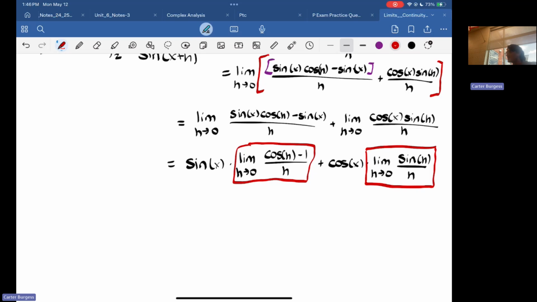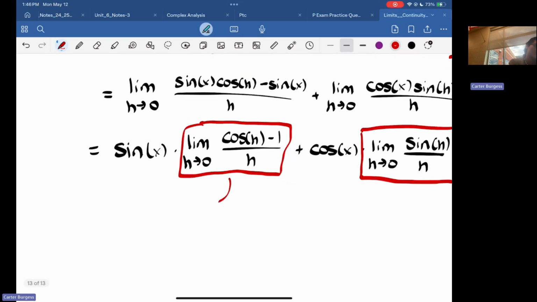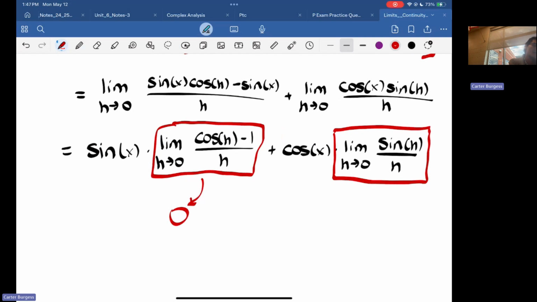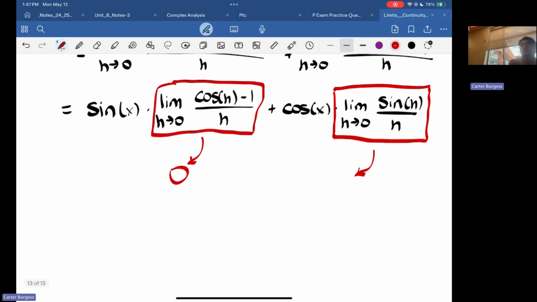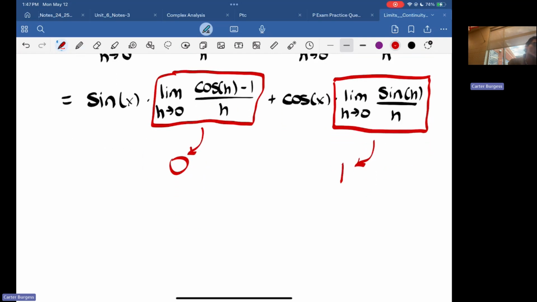And referencing what we did from day 1, the very first day of this, example 2, I think the second one is B and the first one is part E, I believe. This is just 0. And this, which we've computed a bunch of times using squeeze theorem and stuff, is just 1.